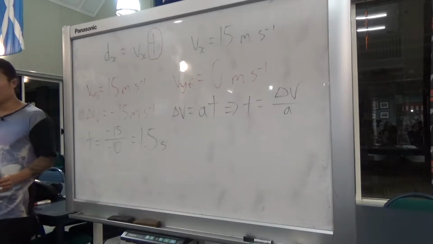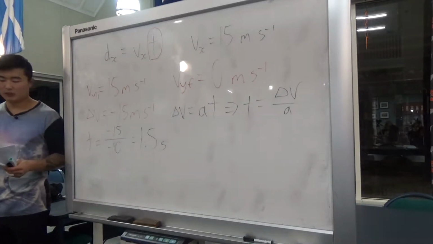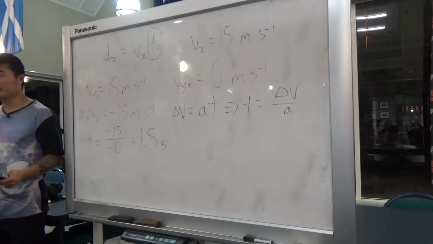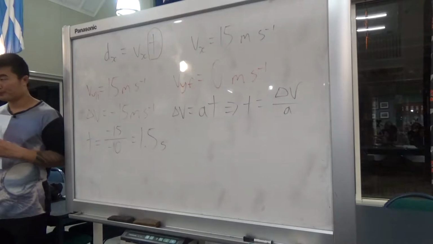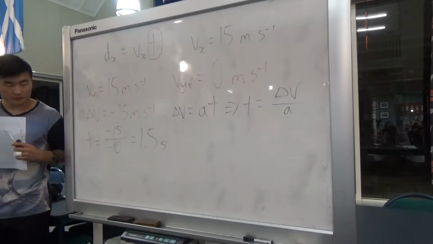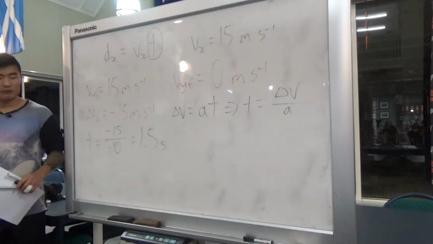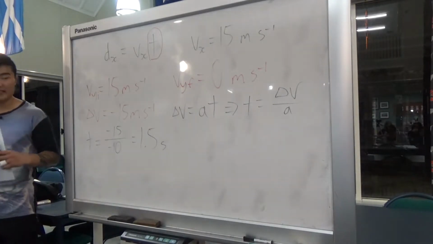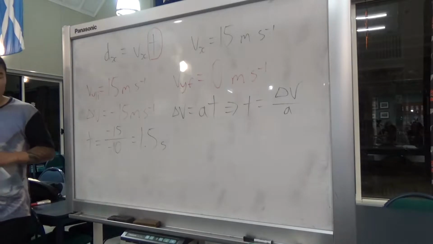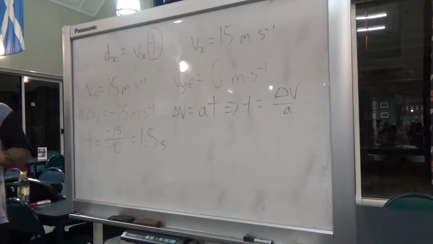So for the total time, because we'll assume that there's no air resistance, it's going to be a symmetrical motion. So then it'll take 1.5 seconds to get to the halfway point, and then 1.5 seconds to come back down again. So the total time in the air is going to be 3 seconds.